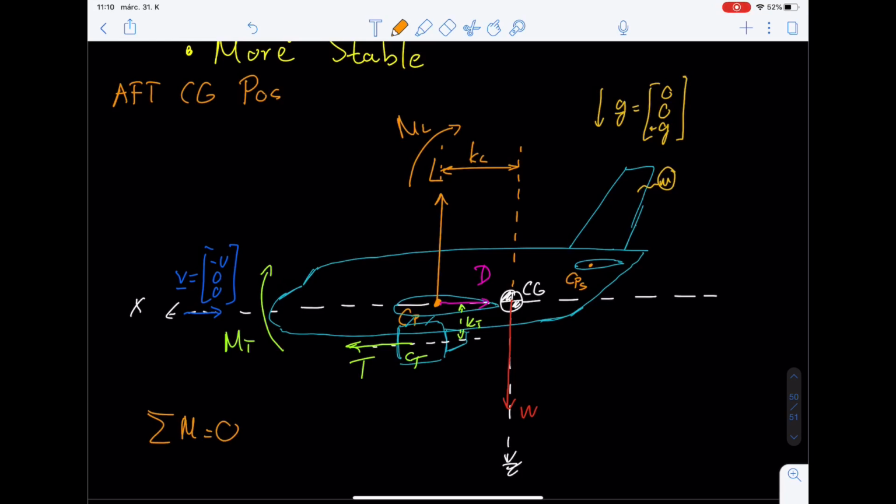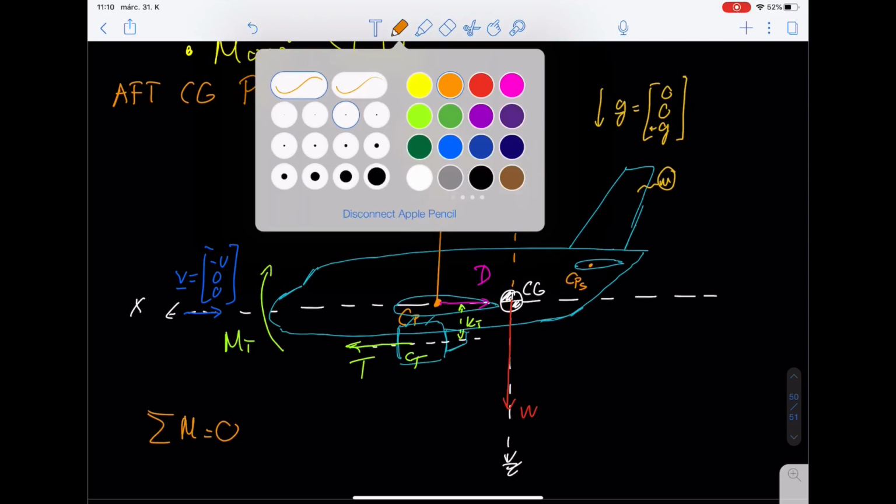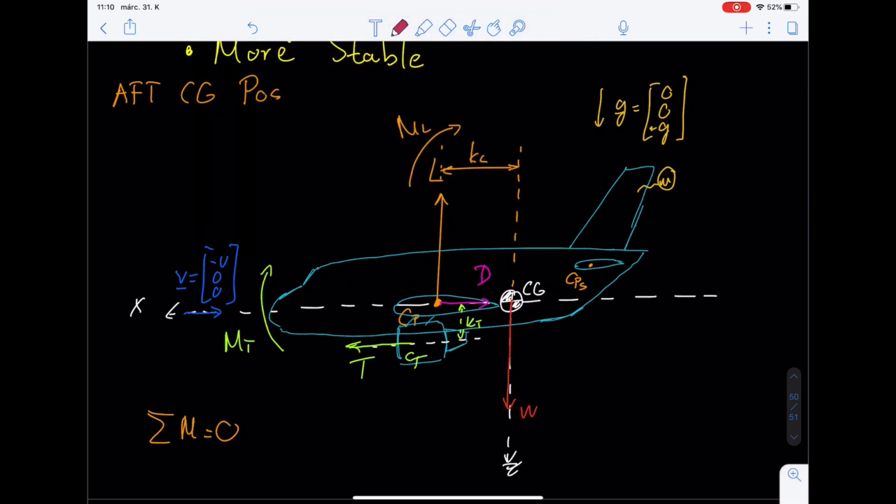So how do I generate a nose down moment on this stabilizer? So I will definitely need to point my force in the stabilizer upwards, right? So in the negative vertical direction, because this force is going to generate for me a pitch down moment, right?